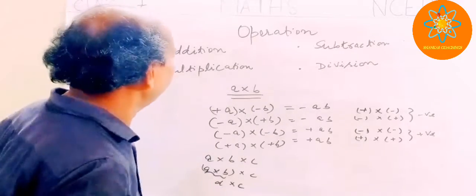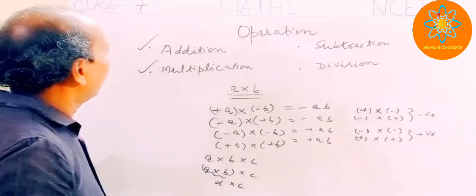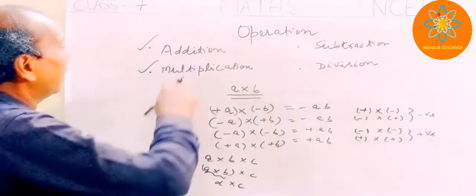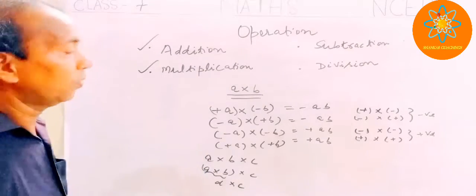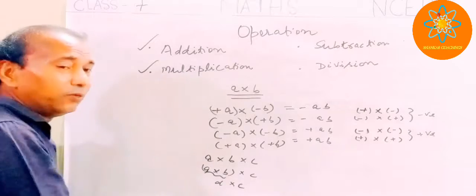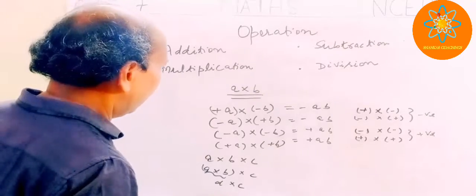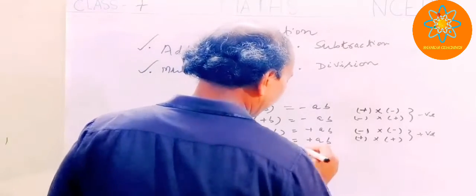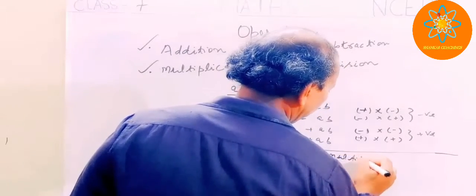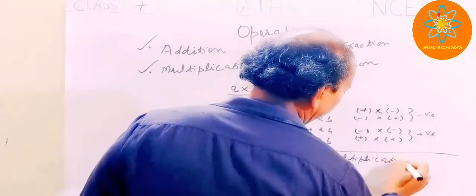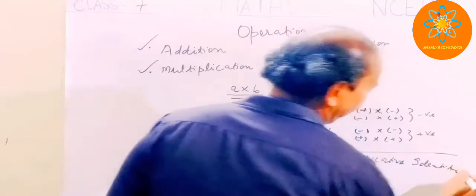Now as you saw in the case of addition, there was the additive identity, and we found that it was 0. Similarly, there is also a multiplicative identity. How do we define it?